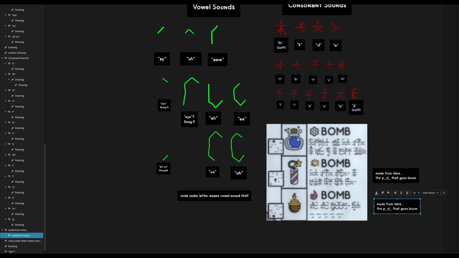This we know is and this is what? This is two vowel sounds. What?